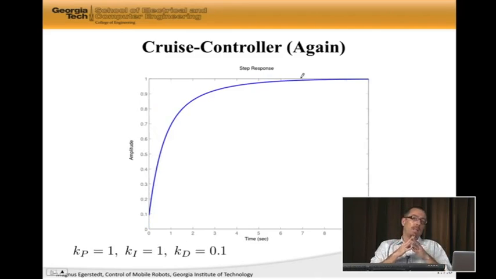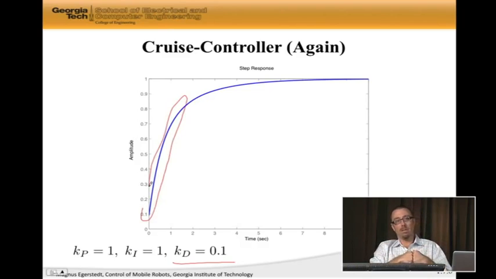What about the D part? Well, let's add the D part. In this case, it actually doesn't matter too much. What you see here is that I had a small D part. I'm a little bit paranoid when it comes to large KD terms because they are a little bit noise sensitive. But what you're seeing here is that you're getting a faster initial response because of the introduction of a D part.